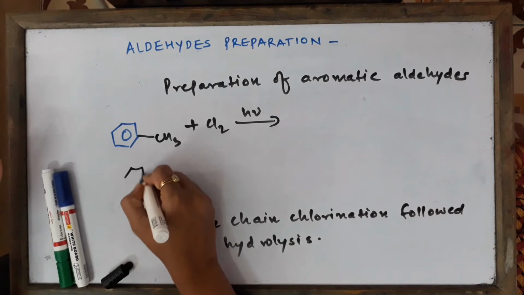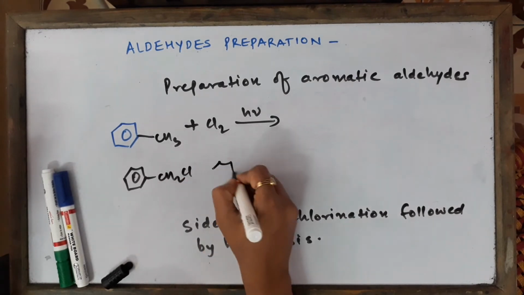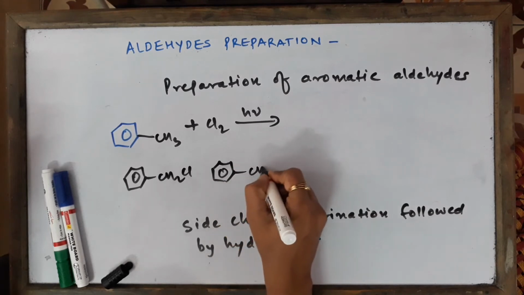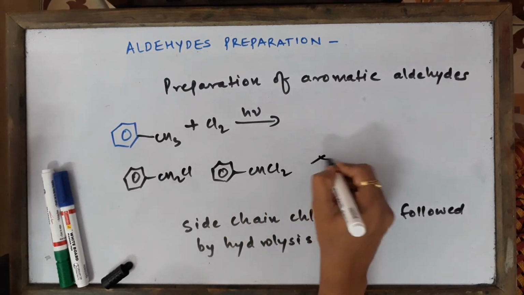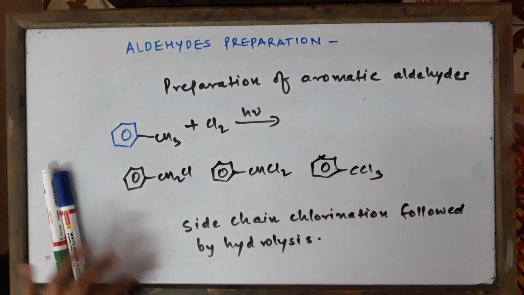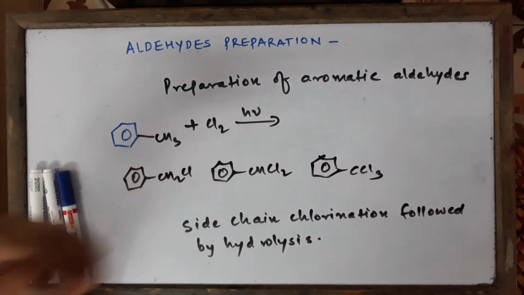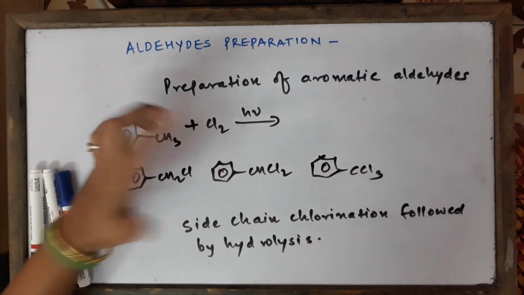What kind of products do we get? We get a variety of products. I may get 3 products basically here because 1, 2 or 3 hydrogens can be substituted by chlorine atoms.